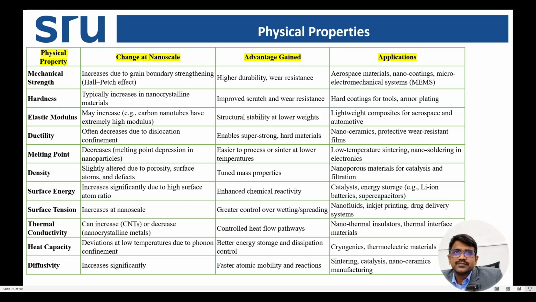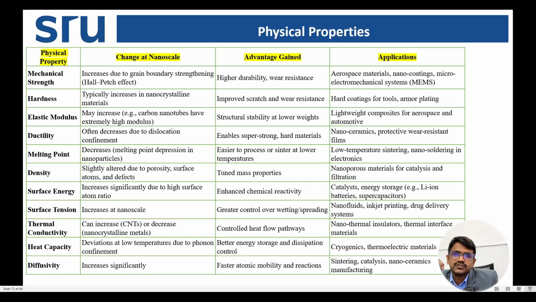Because of this change at nano level, we can have higher durability in the material. Because of higher durability and wear resistance, we can use these nanomaterials in aerospace applications, nano coatings, and microelectromechanical systems, MEMS. For example, whenever we make transport vehicles, let it be a car or an aeroplane, the material should be rust free.